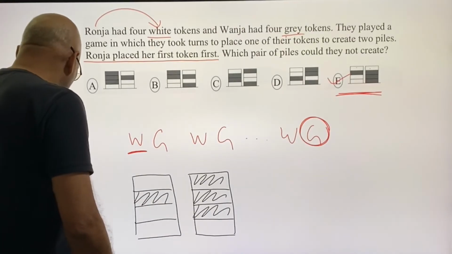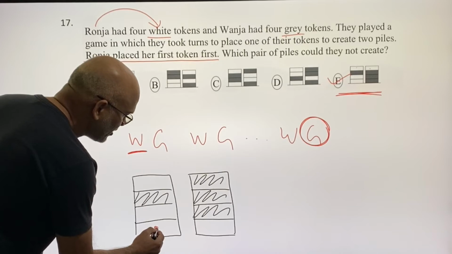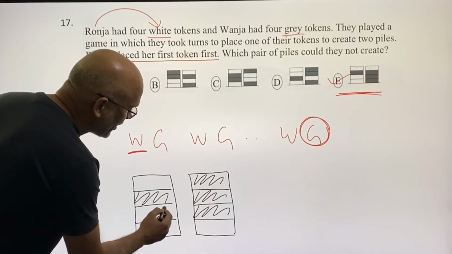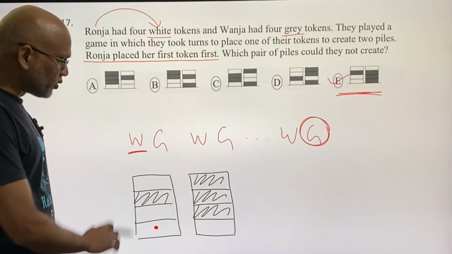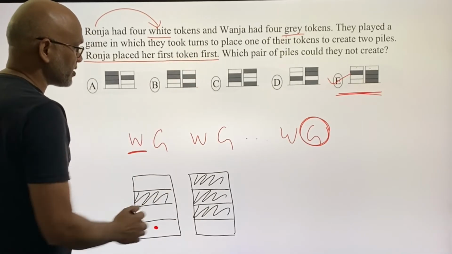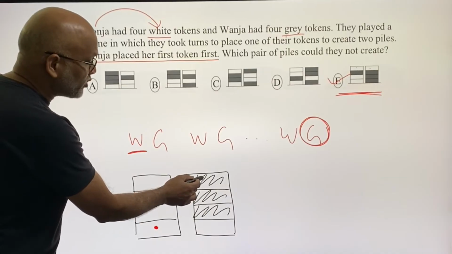Now, if I try to trace this one, if I start with a white, there is nowhere for me to go to place a gray token. So this stack is not possible with these conditions, even though one of the stacks ends with a gray token.